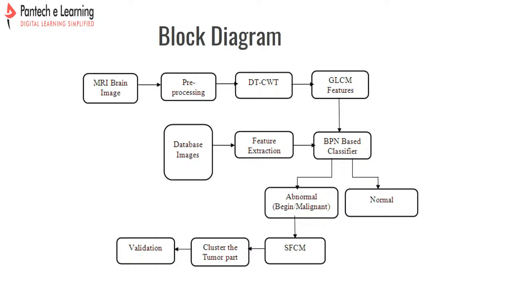And in abnormal we are going with two stages: one is benign and another one is malignant. In case it is benign or malignant, we apply fuzzy means clustering, and from that fuzzy clustering we segment or apply the contour area for the tumor part, and from that we will be able to validate what area the tumor has covered.